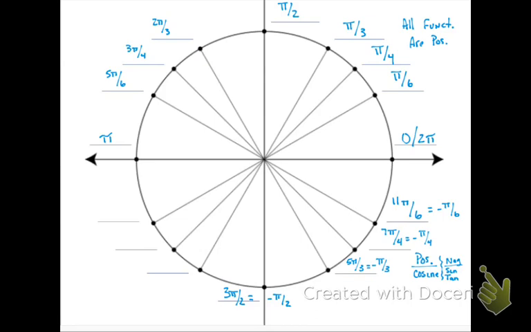Now, if at any point we end up outside of our interval, say it might be sine of 5 pi over 6, what we've got to do is figure out where this is actually going to be. How can I rewrite 5 pi over 6? What did I have to do to peel back in this direction?